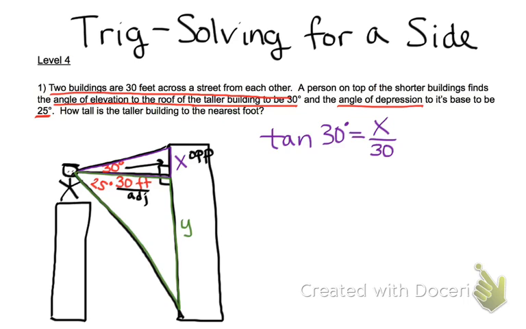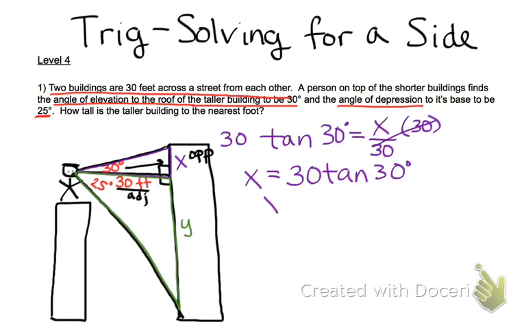Then to solve for X, I'm going to multiply both sides by 30. And I get X equals 30 times tangent of 30 degrees. I'm going to put that in my calculator, 30 tangent of 30. And I get X equals 17.3. I'm rounding to the tenths place.